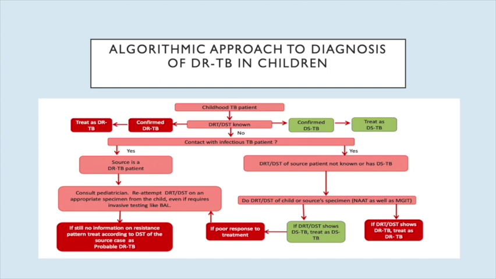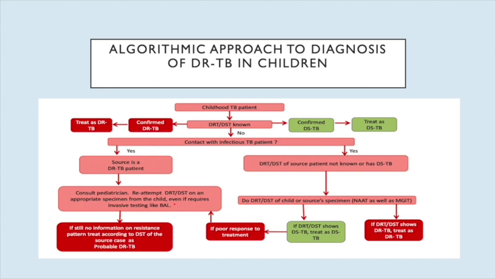If he had a contact and the source was resistant, then we again attempt to do the sensitivity testing, and we again test for drug resistance even if it requires a bowel sample. Still no information, cannot get the test, and the source case was drug resistant, you treat him as probable resistant.